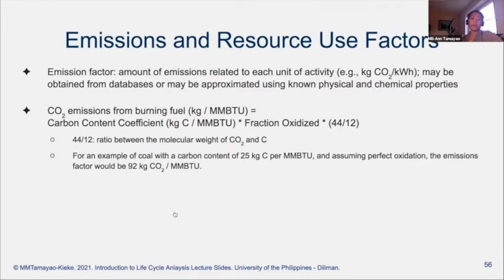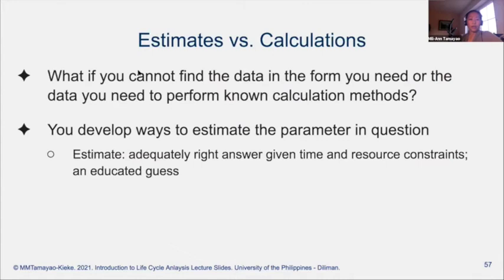That's 25 times 1 times 44/12. So if you cannot find a database, I assume you can find many sources of this CO2 emissions factor for most technologies. Again, just remember to cite your sources accordingly.